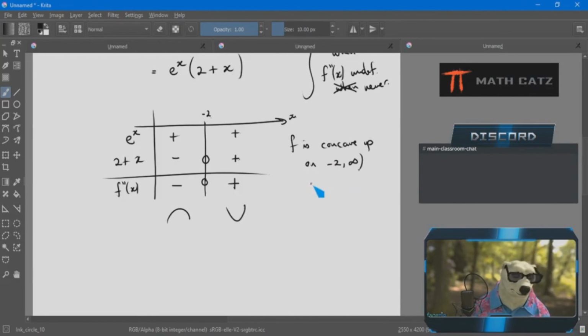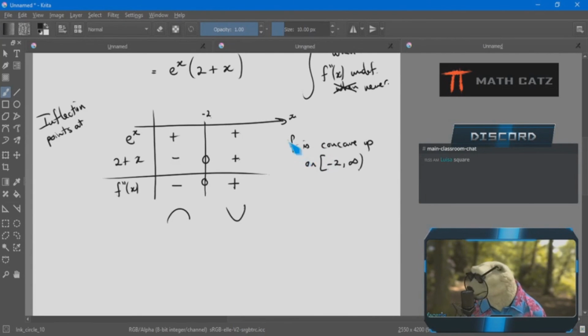I'm finishing the inflection point question at the same time. There's sort of a hand-in-hand situation here. Inflection points at it. Oh, no one answered me yet. Does -2 get a round bracket or a square bracket? That was my question. Square bracket, because I'm referencing the original function.